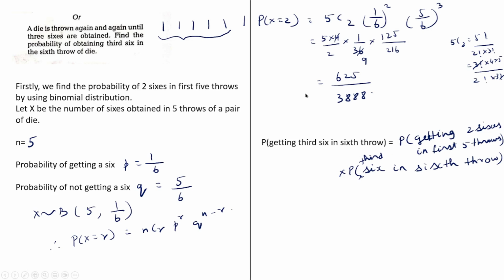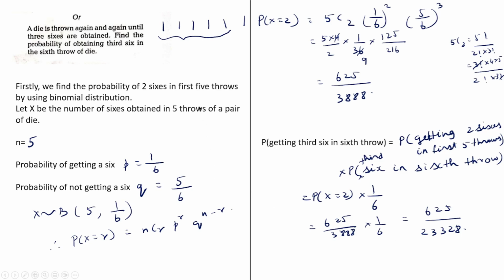So this is the probability of x equal to 2 into the probability of getting a third 6 in the 6th row. This is nothing but 1 by 6, the probability of just getting a 6. So this is 625 upon 3888 into 1 by 6. Now when we multiply, we get 625 upon 23,328. So this is the probability of getting the third 6 in the 6th row. This is the required probability.